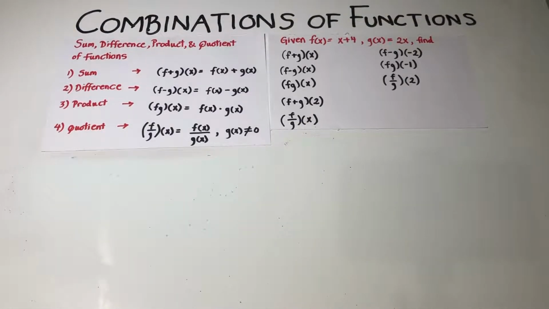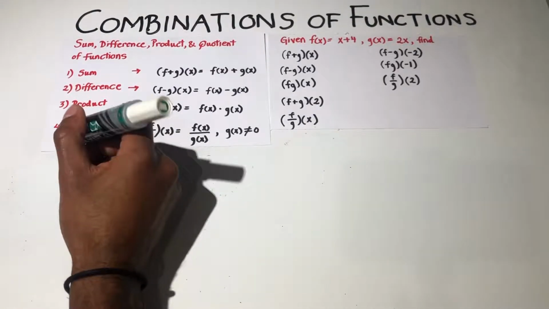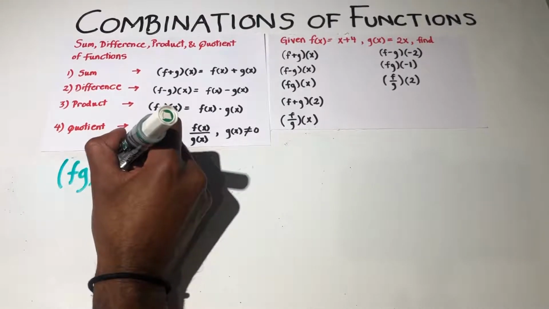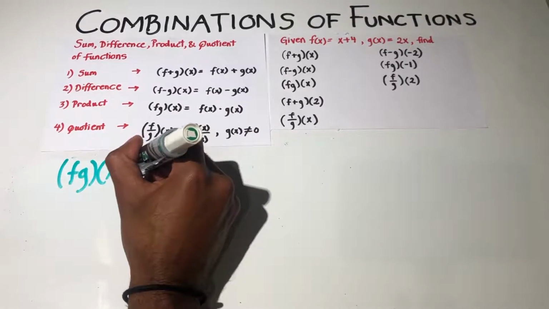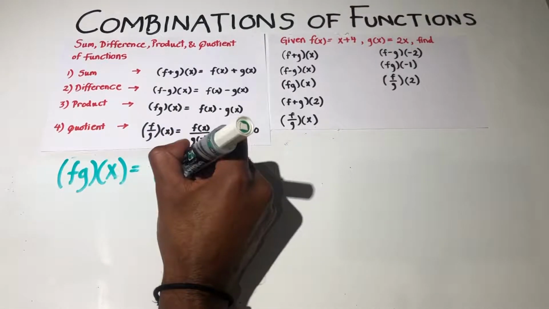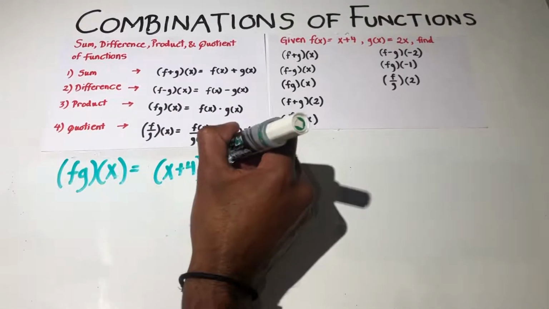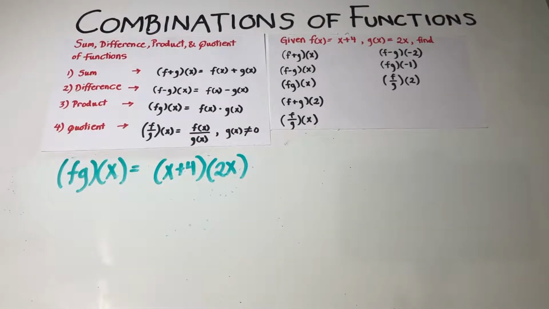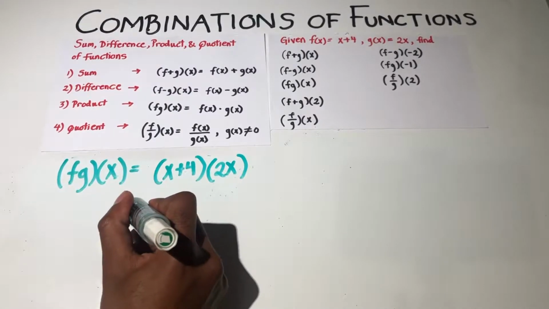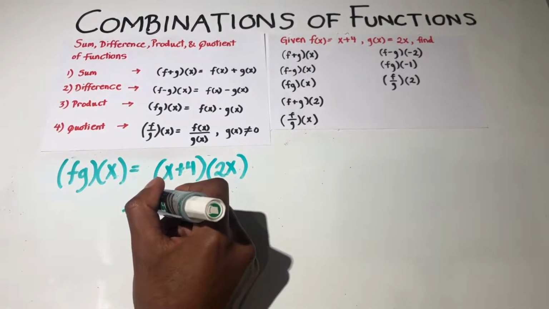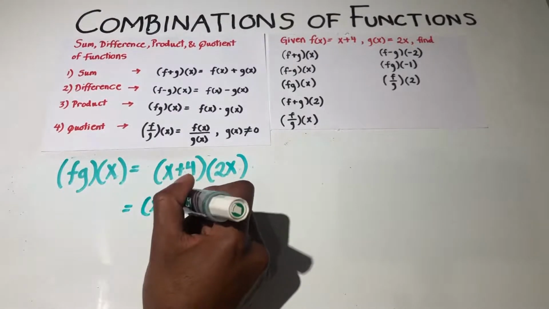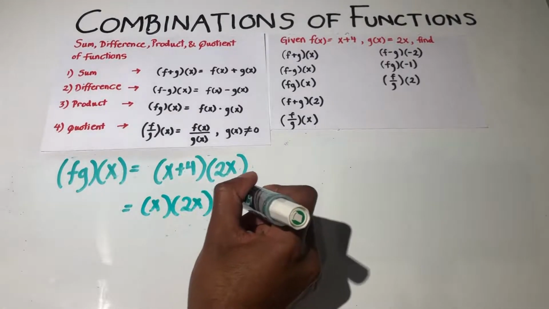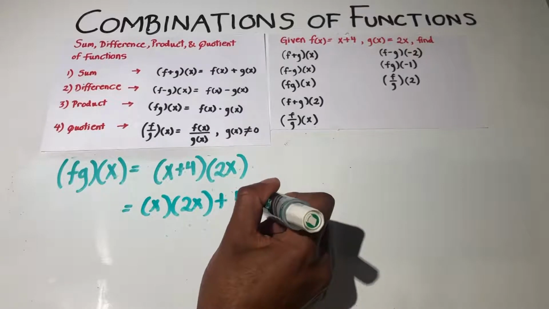For our third one, we have the product. We have f of g of x. Well, that's x plus 4 times 2x. And you can use a distributive property here. So x times 2x plus 4 times 2x.